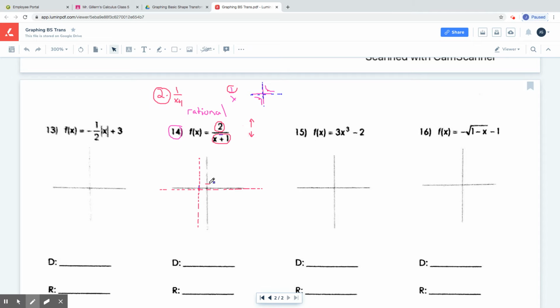And I am going to go up and down 2. So I'm going to go from here. I'm going to go up 2 to the right 1, always to the right and left 1. And my curve is there. And that curve is at 0, 2.